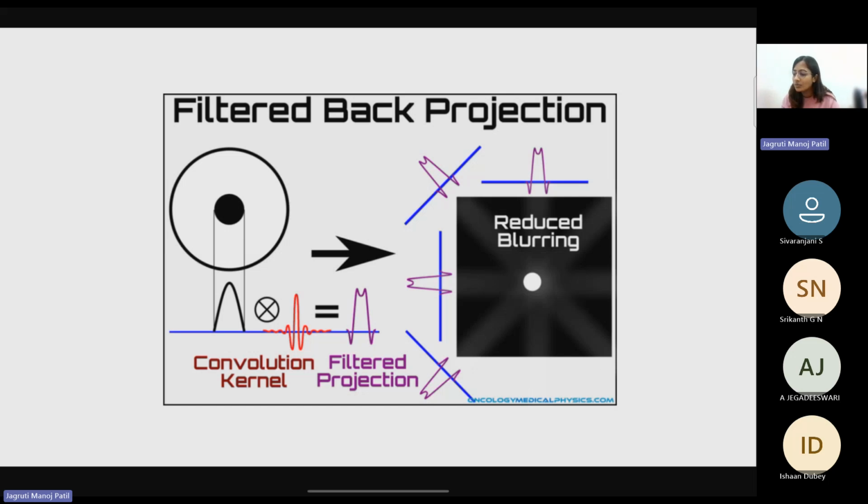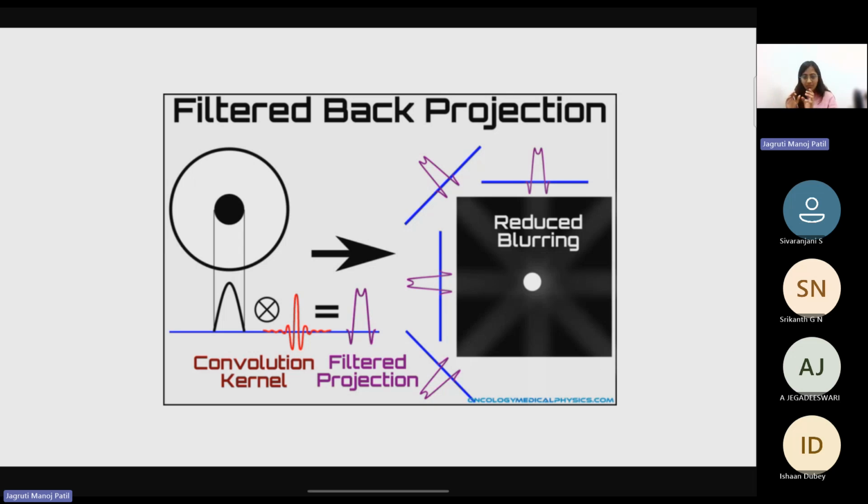Here, you have a convolutional kernel to filter: you convolve it with the point spread function of your X-ray beam passing through, and you get a projection. Since CT is based on circular detectors, you get projections at multiple angles, and you make up an image from projections along multiple axes.